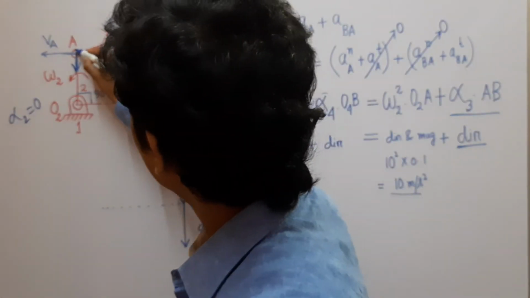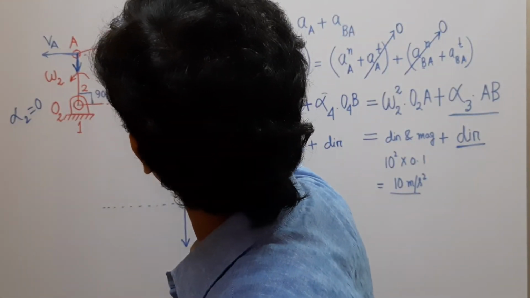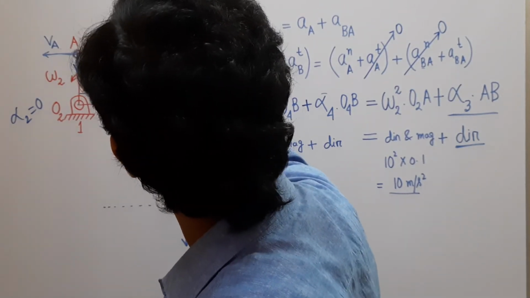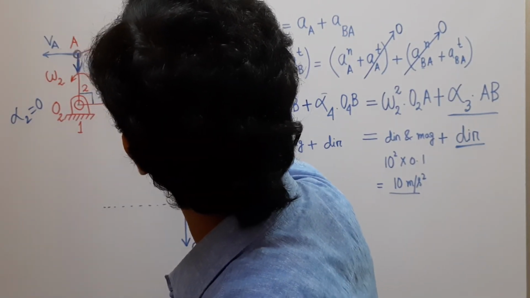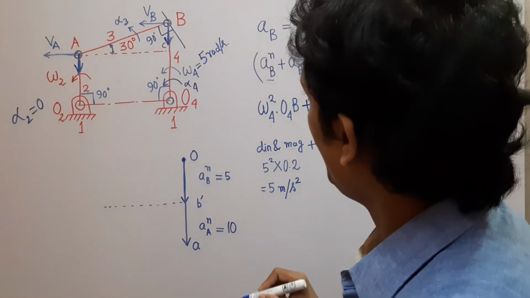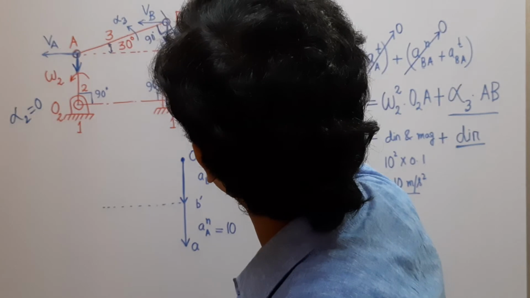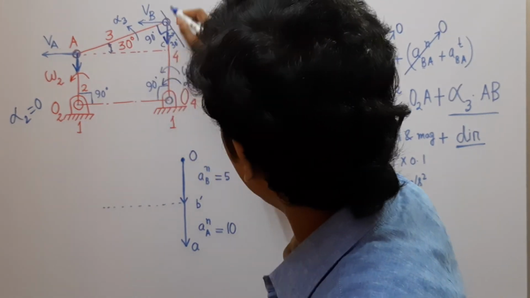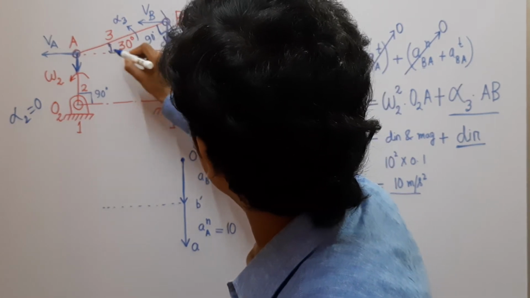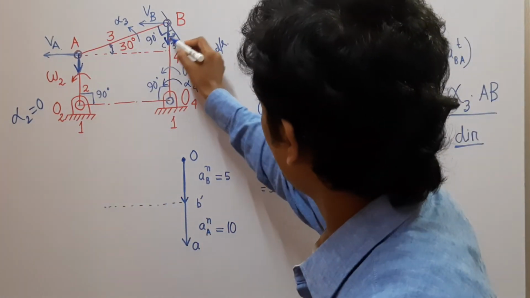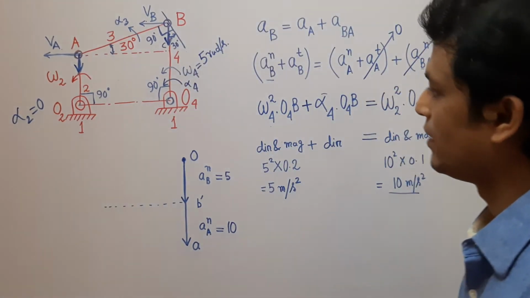AB means acceleration of point B with respect to A, which is perpendicular to AB. This angle is 90 degree. If this angle is 30 degree, then 90 degree to AB will make 30 degree with the vertical line also.